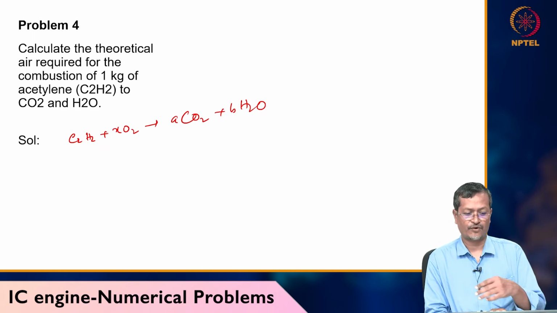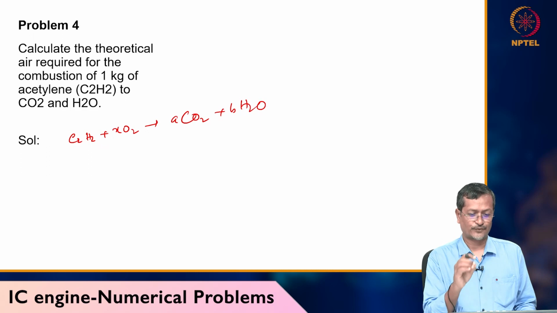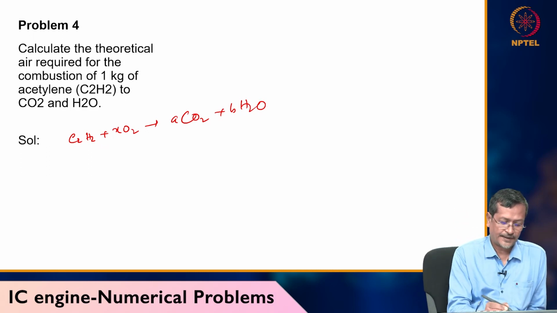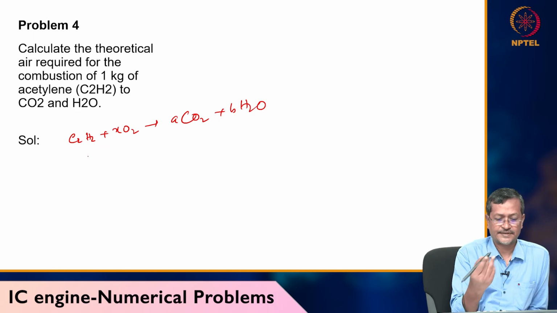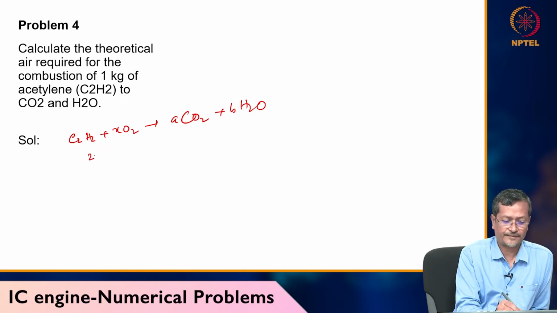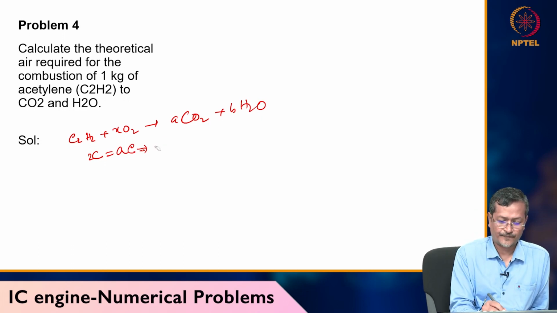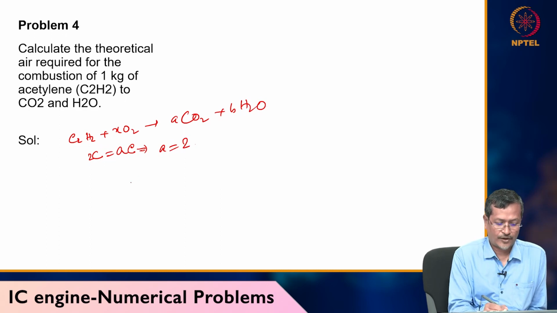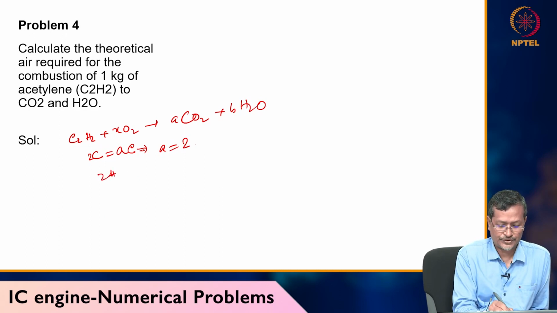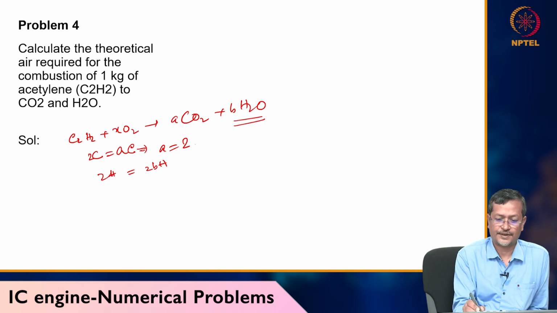In that case you can use x, y, a, b and calculate. First balance the carbon: 2 carbon, so 2C equals aC, giving a equals 2. Now balancing hydrogen, 2H equals 2bH, giving b equals 1.